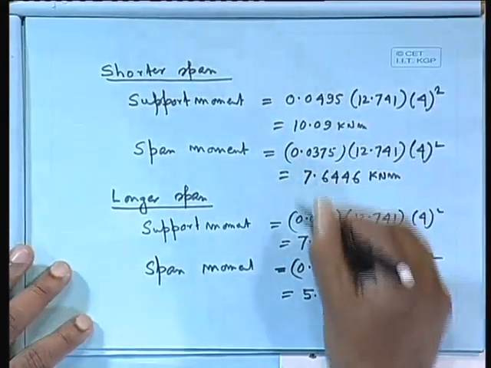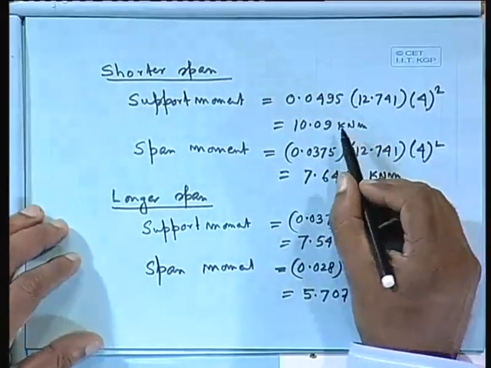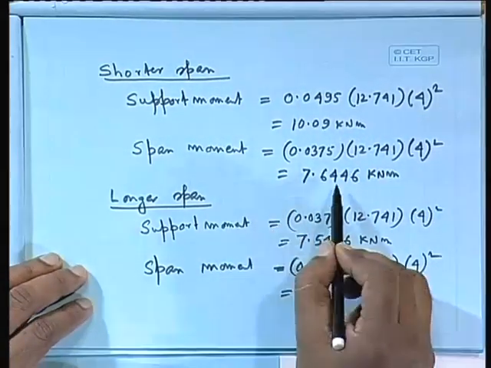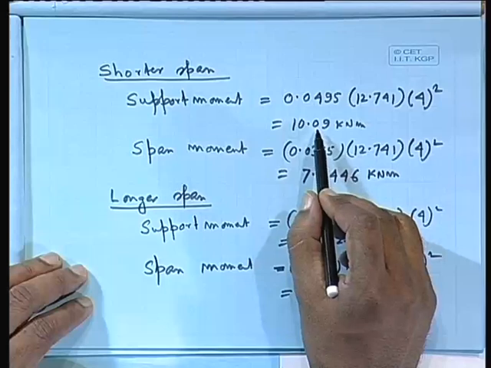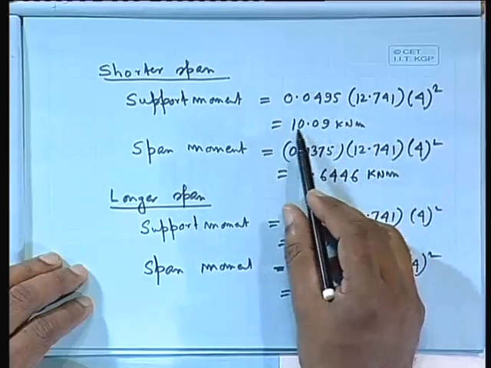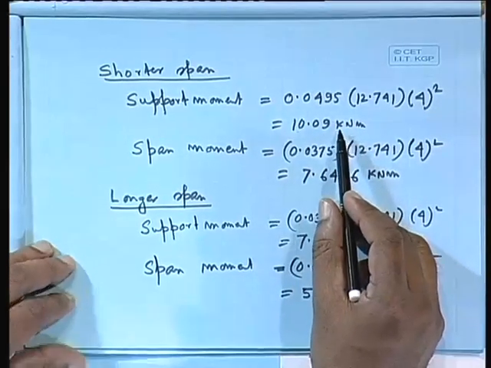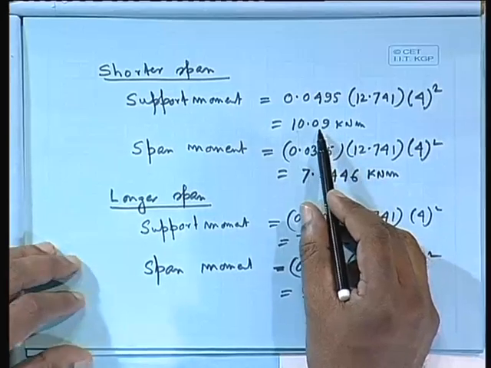So, we are getting 4 different values at different positions. This is the span moment in the shorter direction, this is the corresponding support moment. Out of that we can find out 10.09 is the maximum one we are getting.